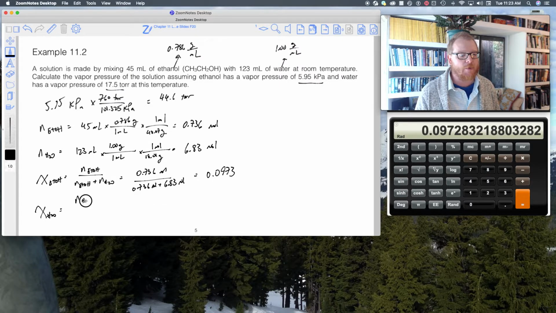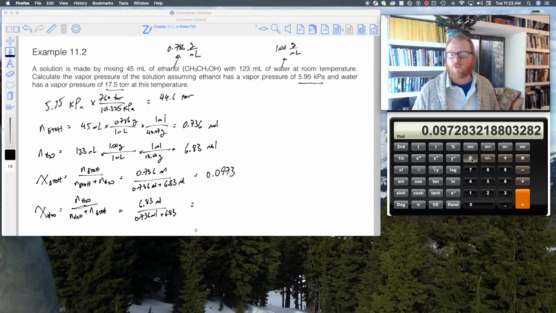So that's going to be the number of moles of water divided by the number of moles of water plus the number of moles of ethanol, which is going to be 6.83 moles divided by the same thing, 0.736 plus 6.83.